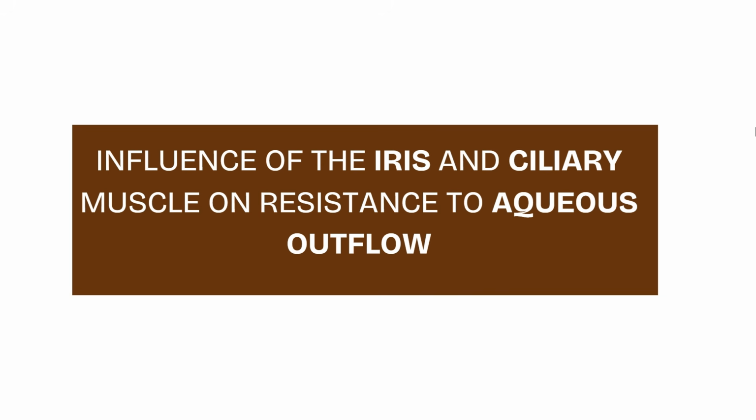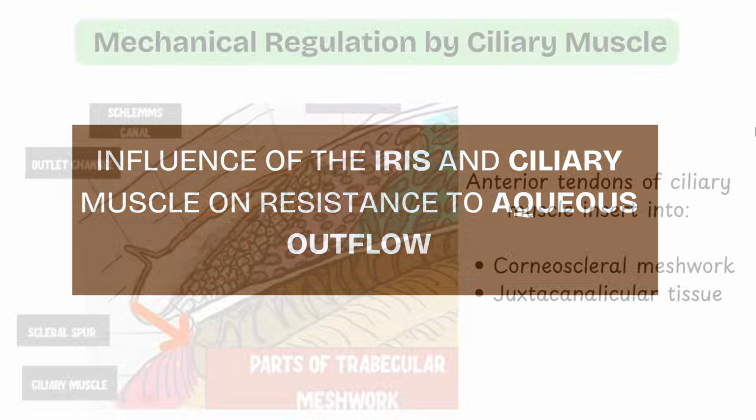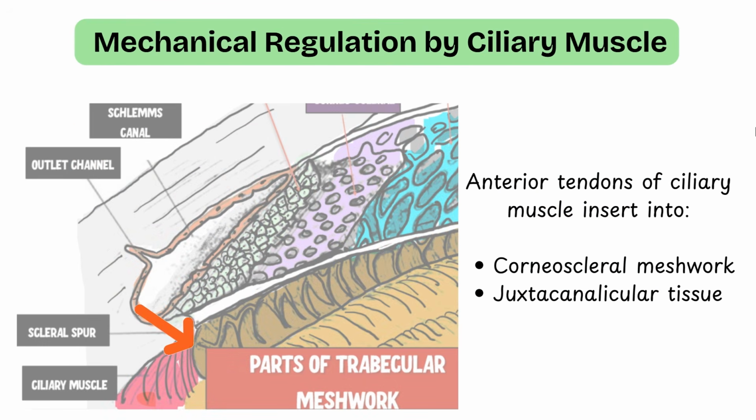Is there an influence of the iris and ciliary muscle on the resistance to the aqueous outflow? And here we are talking about the conventional pathway, that is, flowing through the trabecular meshwork. Yes, there is. Now, if you observe carefully, the anterior tendons of the ciliary muscle, mainly the longitudinal ciliary muscle, get inserted into the corneoscleral trabecular meshwork and the juxtacanalicular tissue, right?